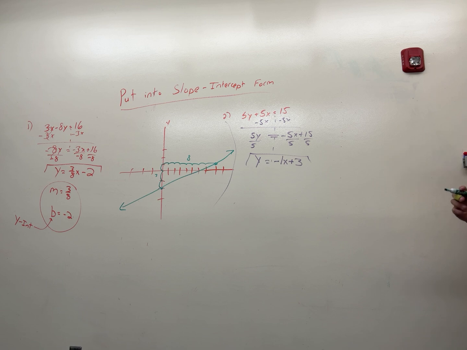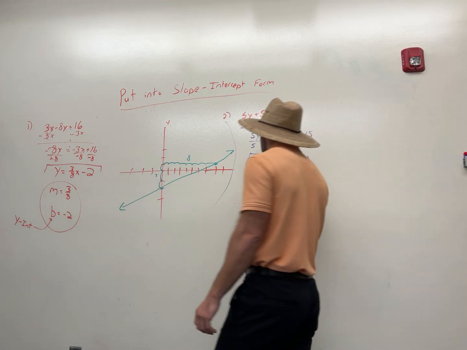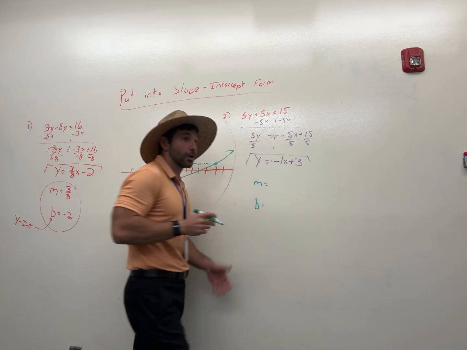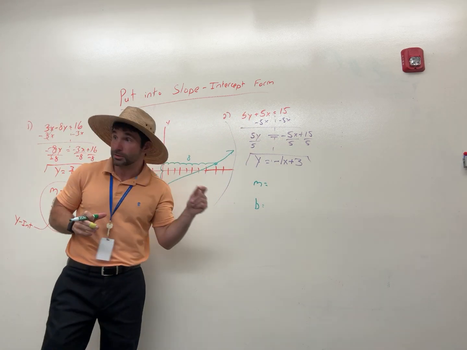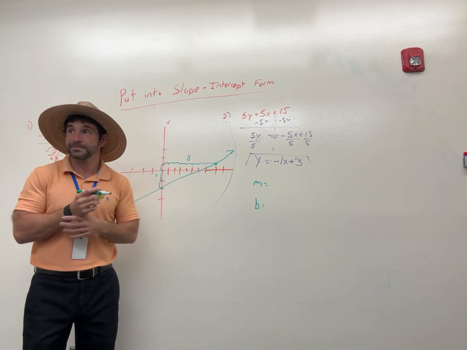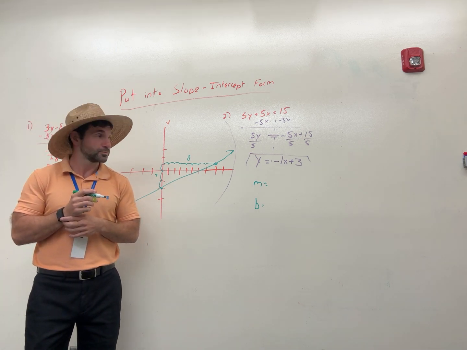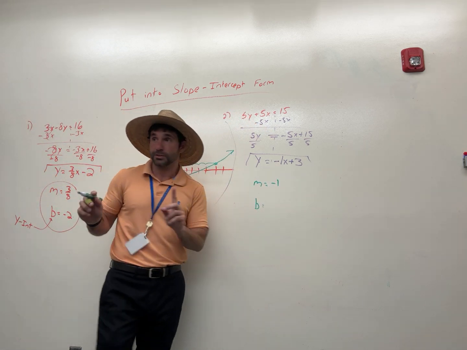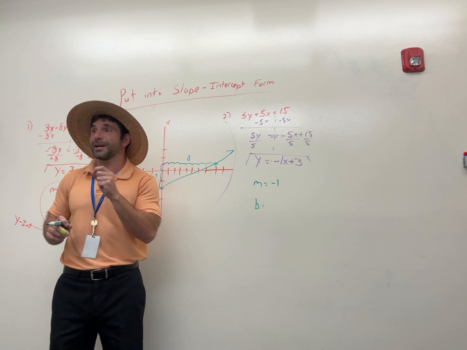I wouldn't do that. So, what's my slope? What's my y-intercept? Because to graph, we need two things. We need a slope and a point. In slope-intercept form, we have the slope and the y-intercept. William, what's my slope? Negative 1. Not x, just negative 1 now. William, slope is rise divided by run.